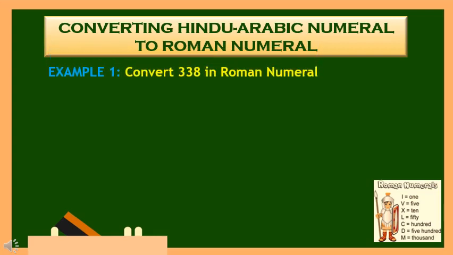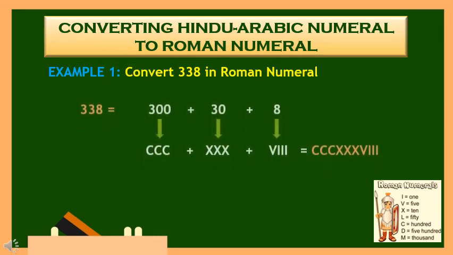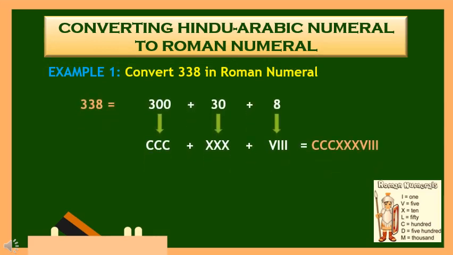338 into Roman numeral. First, we will write down 338 in its expanded form, that is 300 plus 30 plus 8. Roman numeral for 300 is CCC. Roman numeral for 30 is XXX. Now Roman numeral for 8 is VIII.